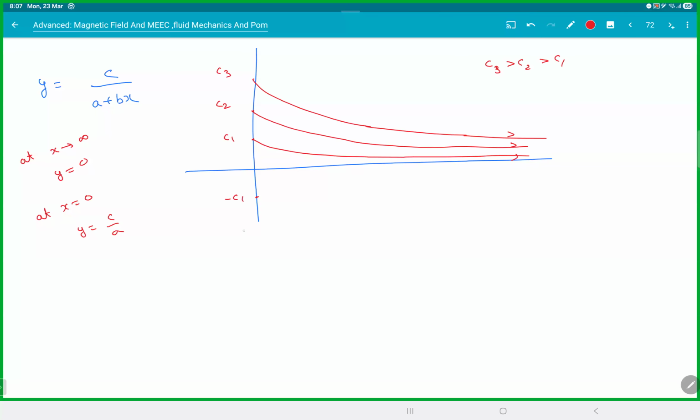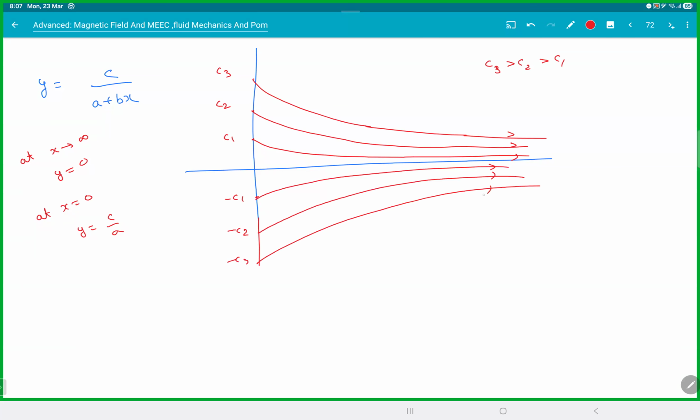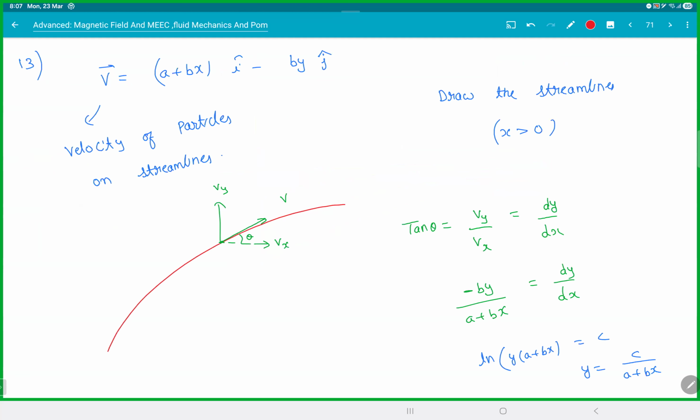Suppose you take negative values, minus c1, minus c2, minus c3. This is how the streamlines will look. So the streamlines originate from the y-axis and converge on the x-axis at infinity. They get closer and closer, but they'll never intersect. Clear with this? So the picture would look like that. Be careful with that concept. Equation of streamlines there.